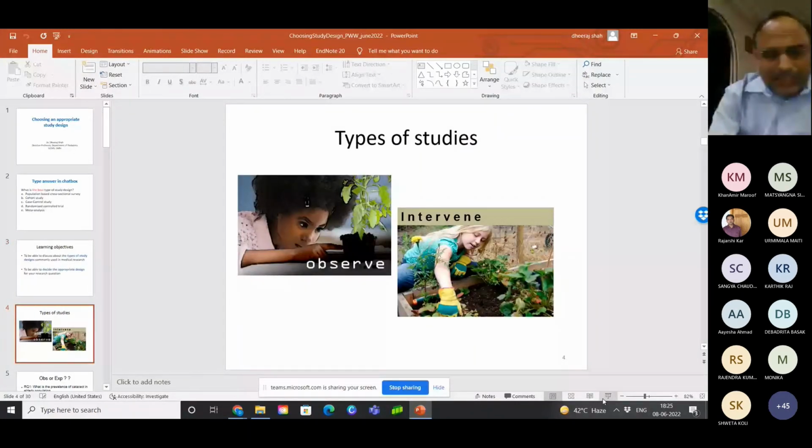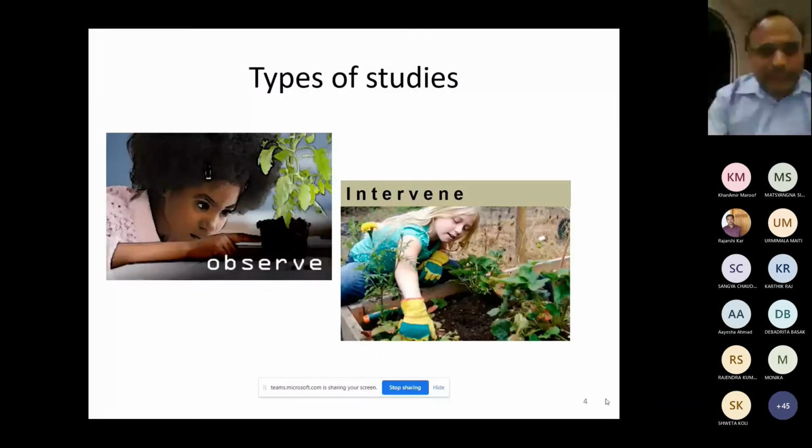One where you observe: we did not intervene, we did not experiment, we just saw what is happening. The second type of study design is that we intervene. In this picture you can see this girl putting some manure, doing some kind of soil manoeuvres, and later on she will see how the plants grow. So she is doing some intervention.